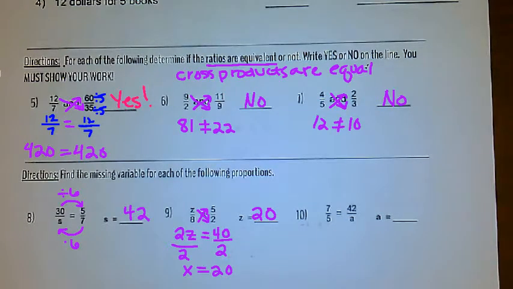So if we went backwards, that would work. And the last one I will also cross multiply. So I get 7a equals 5 times 42 is 210, divided by 7. So a equals 30.